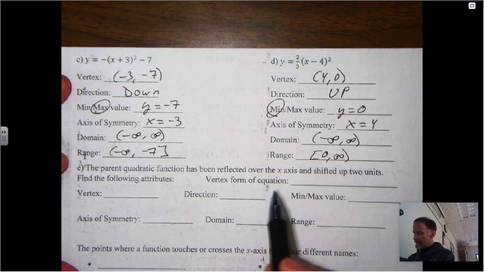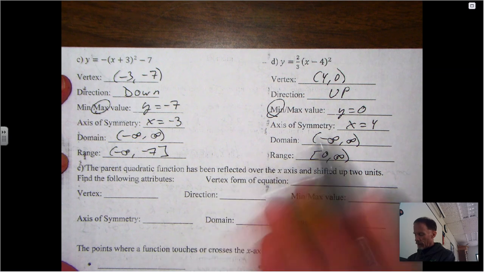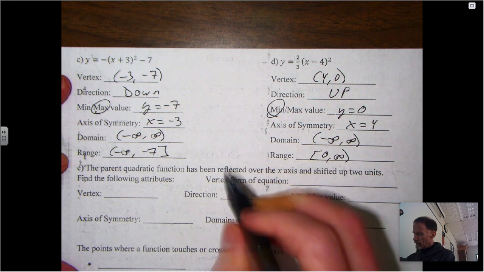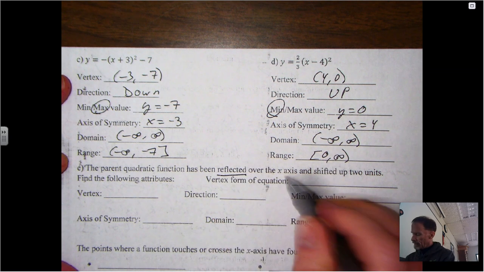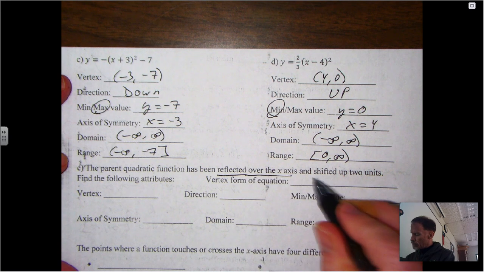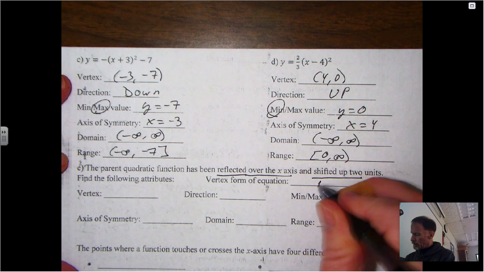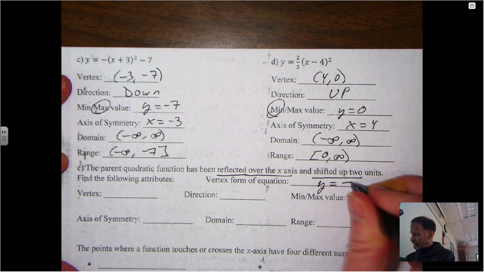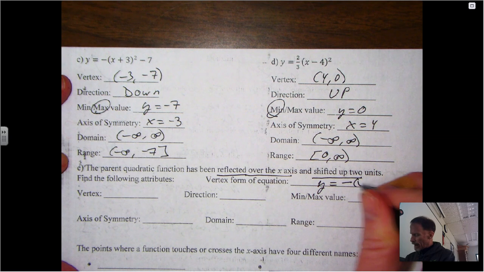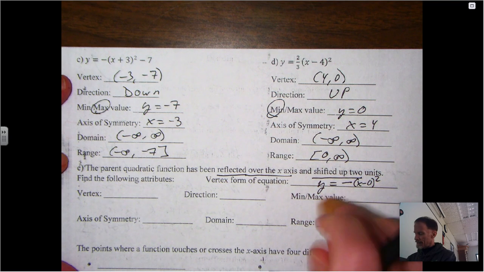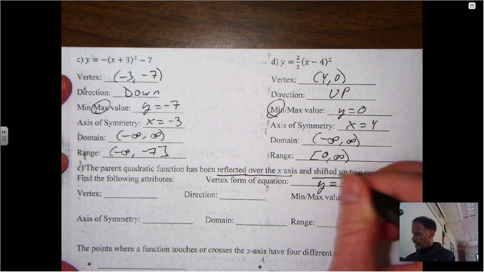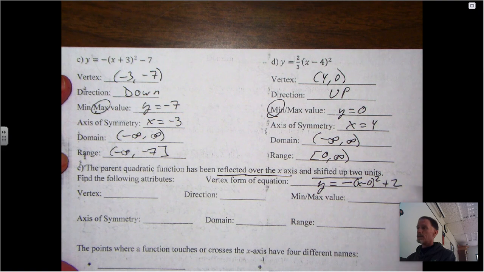And then for part E, this is a verbal description. So we need to take a verbal description and write the equation. So it's being reflected over the x-axis and shifted up 2. So that's going to be y equals negative. If you want to write it as x minus 0, because it's not going left and right at all, totally okay. You could just write that as negative x squared. And then up 2 would be plus 2 on the outside.